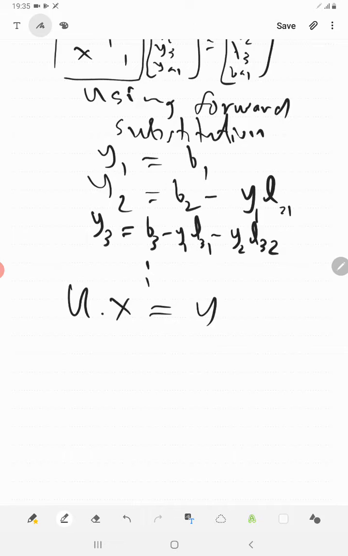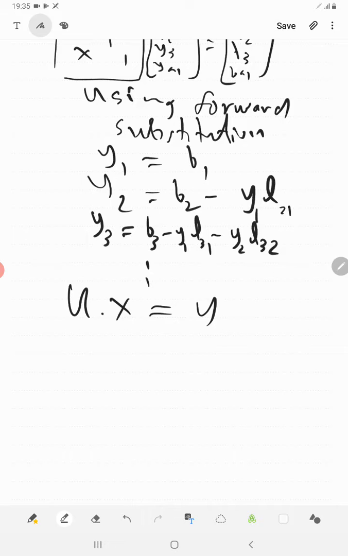To determine x, we use what? Backward substitution. We have used forward substitution first to determine y, and this is y transpose. Because y is a column vector, while y transpose is a row, I just want to write it as a row vector, so that's why we calculated from that.